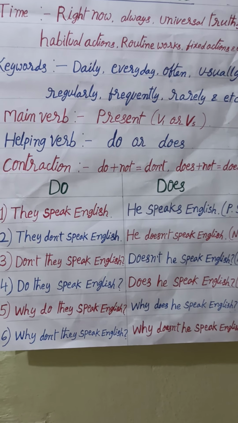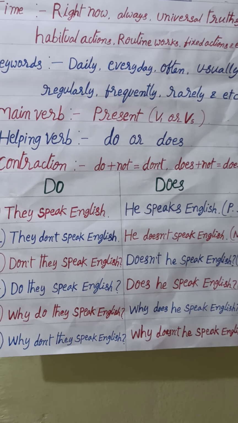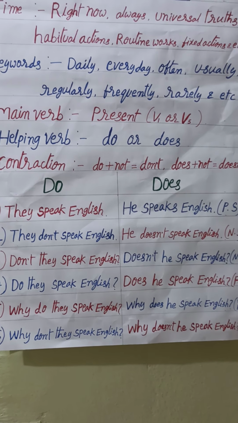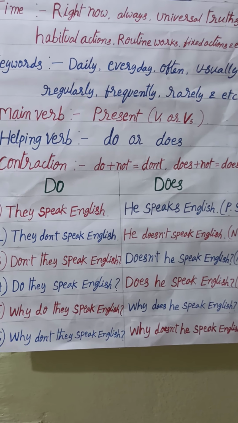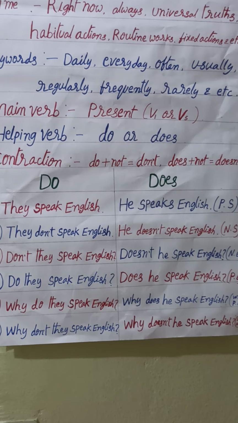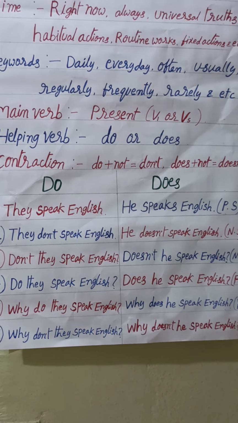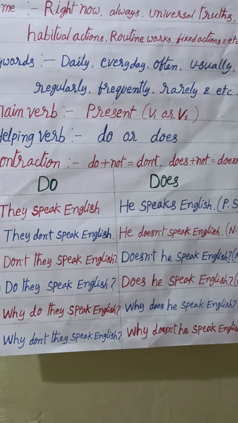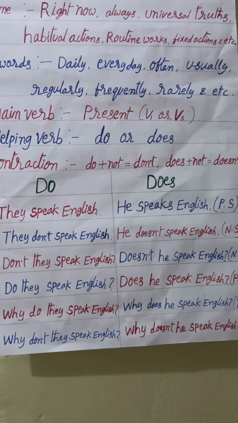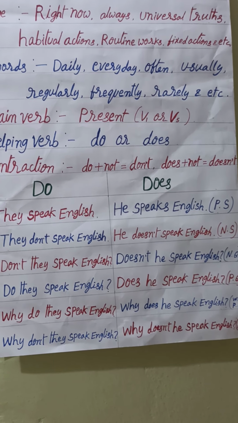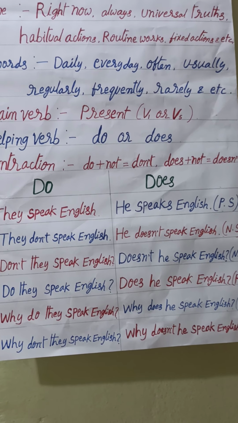Helping verb do or does. Here also we use does for third person singular. They are he, she, it.